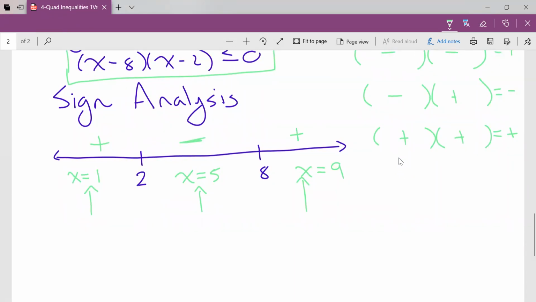So again, what this region over here to the left of 2 tells me is our graph is positive when x is less than 2. Over here, it tells me we're positive, we're above the x-axis, our y values are greater than 0 when x is greater than 8.